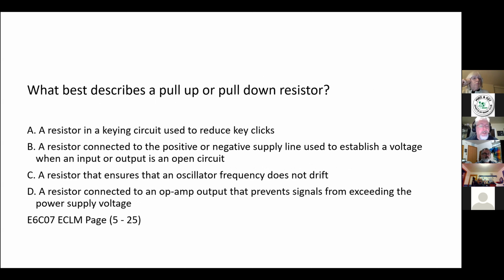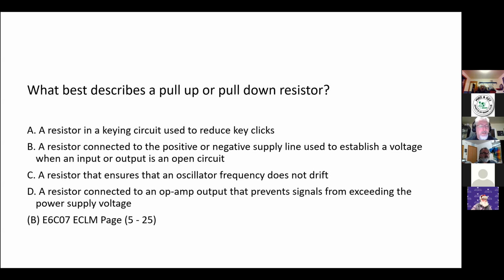C, a resistor that ensures that an oscillator frequency does not shift. Or D, a resistor connected to an op-amp output that prevents signals from exceeding the power supply voltage. Bravo is correct.